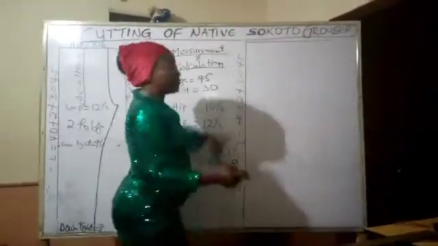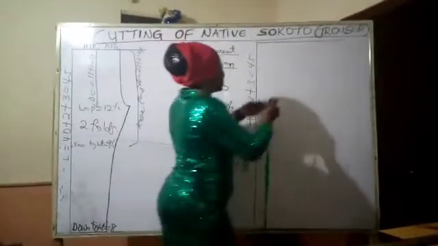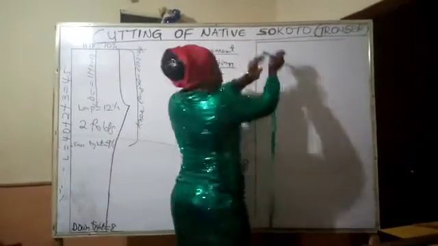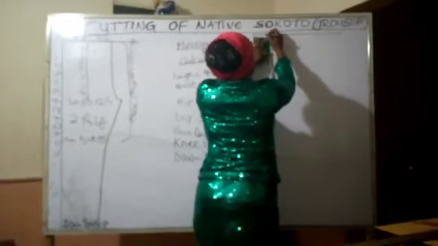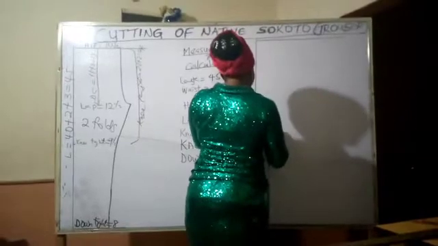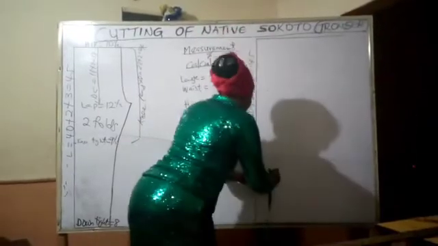Now, we first of all leave the sewing allowance. For the purpose of this class, I want to manage 2.5 for my sewing allowance. That is the first thing you have to leave straight down.